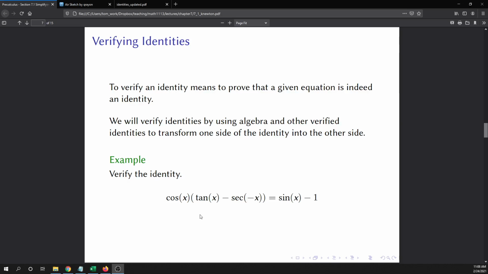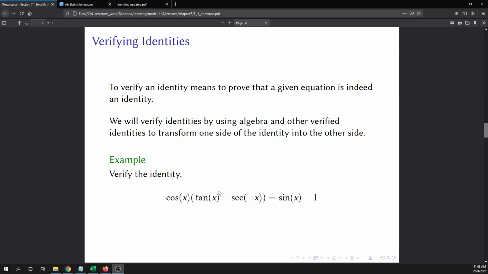And what you want to do is work to change one side of the equation into the other, okay? It's kind of like saying, hey, I don't believe this is an identity, prove it, right? And so you would do some algebra work and use other trig identities to verify that the equation is an identity.